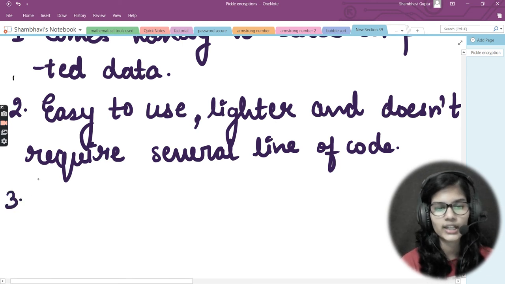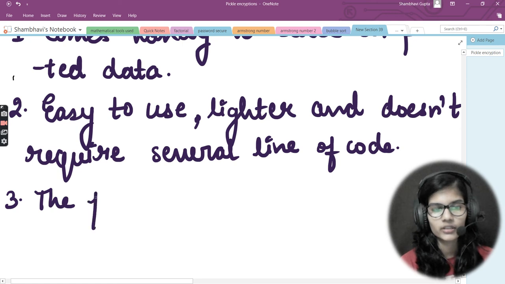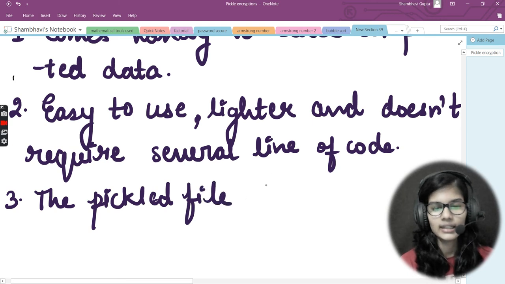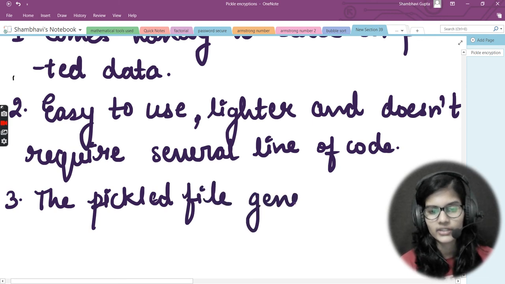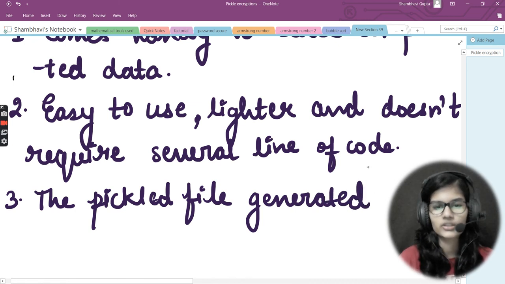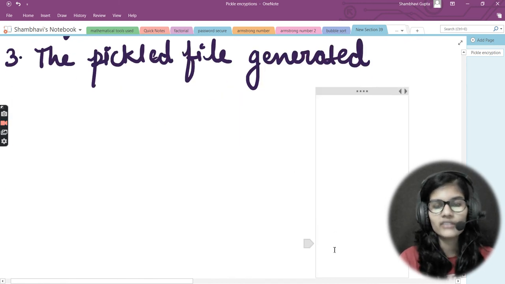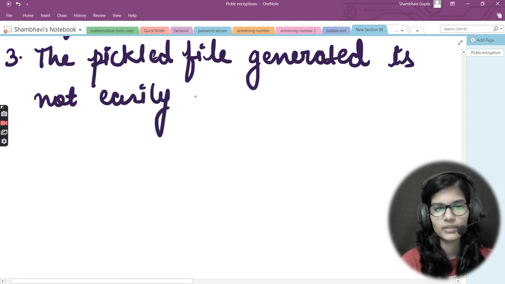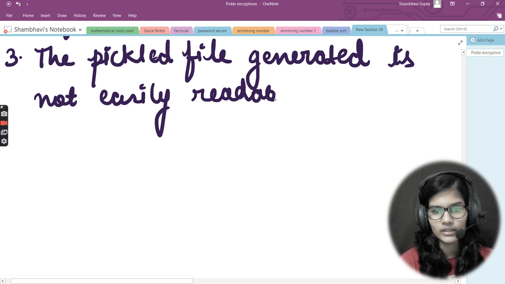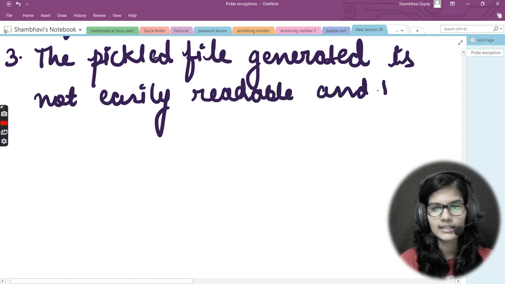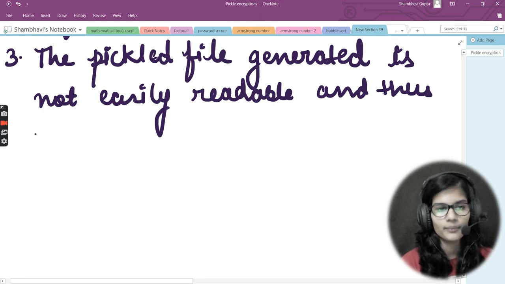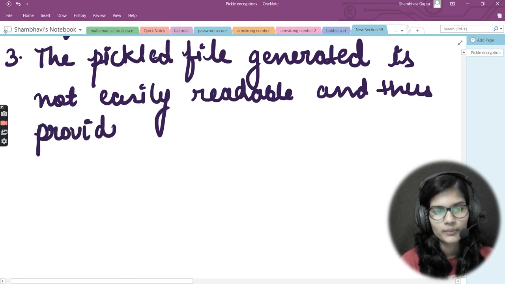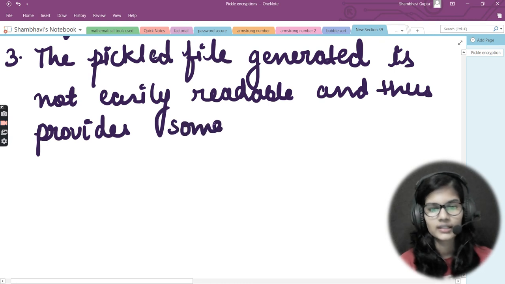Now, moving towards the next, the third one I could put is that the pickle file which is generated is not easily readable, and thus provides some security.